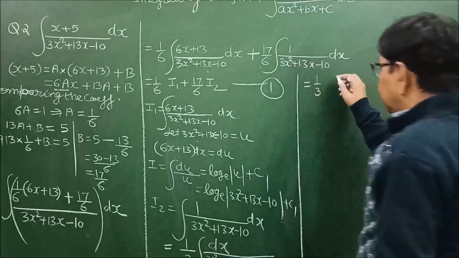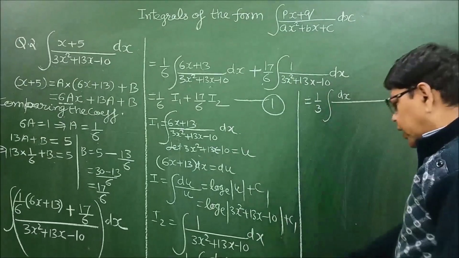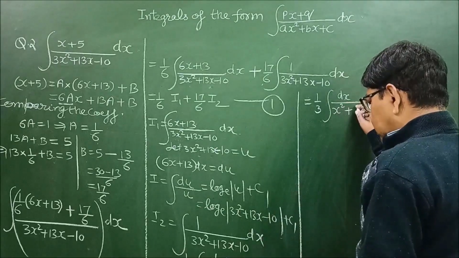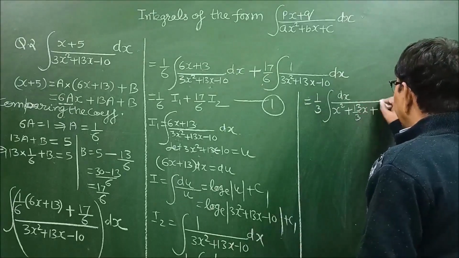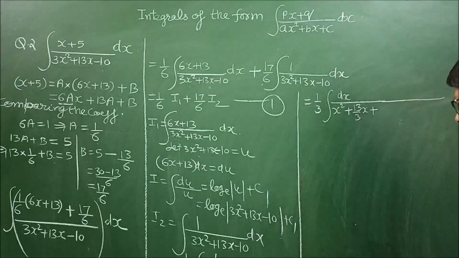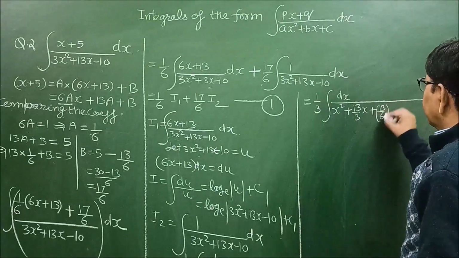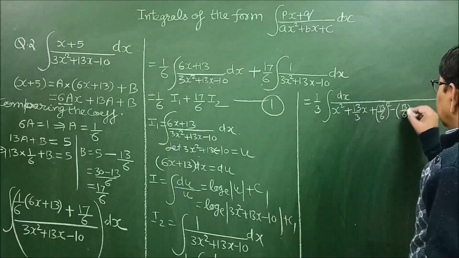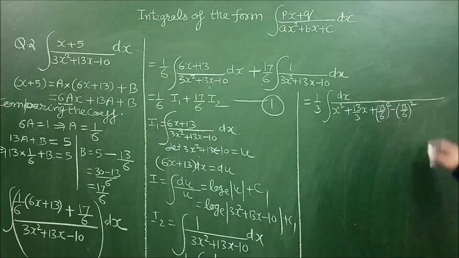So 1/3 ∫ dx upon x² plus half of the coefficient of x. The square of half of the coefficient of x must be added here to make it a perfect square. So adding (13/6)² and subtracting (13/6)², minus 10/3.